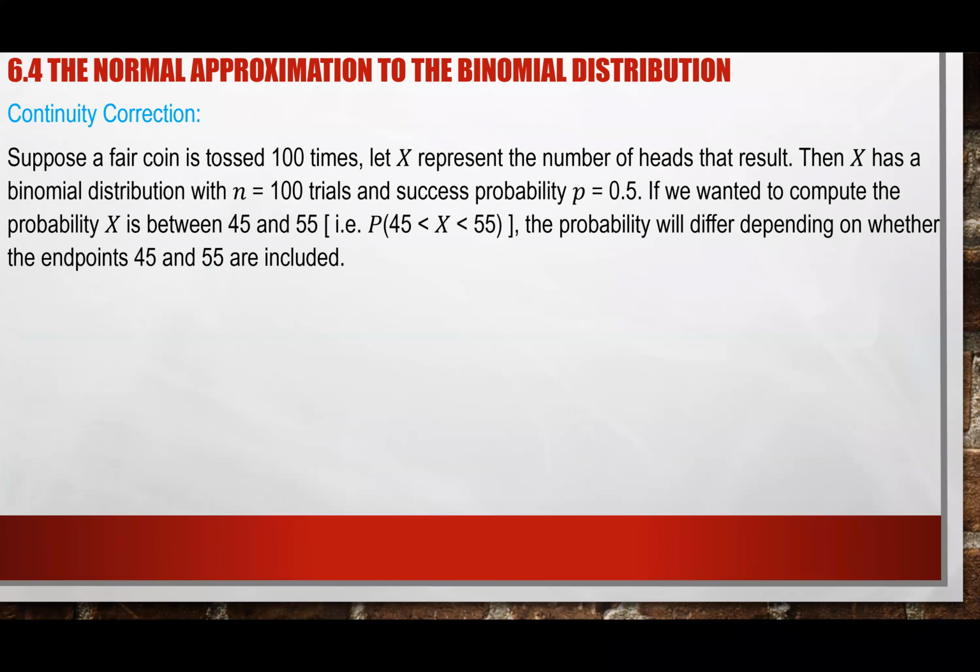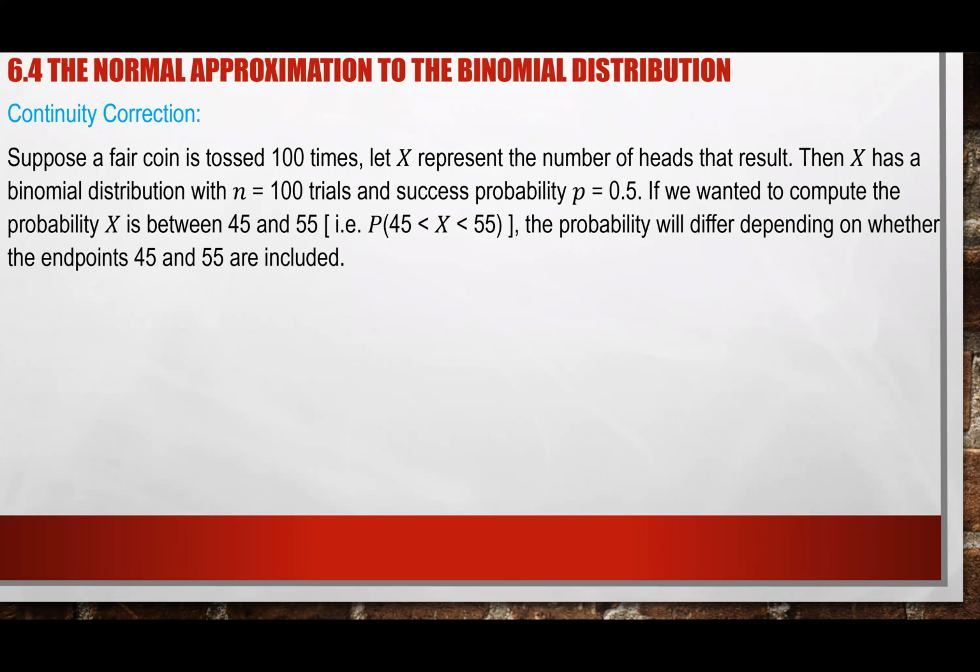If you include the endpoint, you have to make the area underneath the curve bigger, depending on which way we're heading. And if you exclude the endpoint, we have to make the area under the curve smaller.